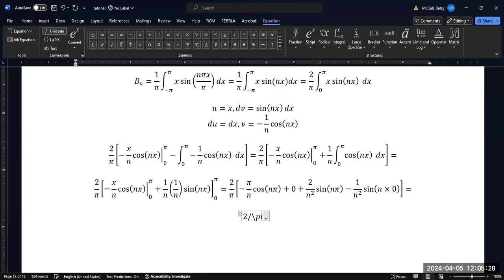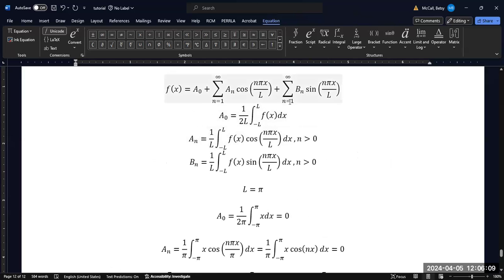So 2 over pi times negative pi over n. And then cosine n pi, when n is 1, it's going to be negative 1. And then when n is even, it's going to be positive 1. So I'm starting with n equals 1, because that's what our formula says.